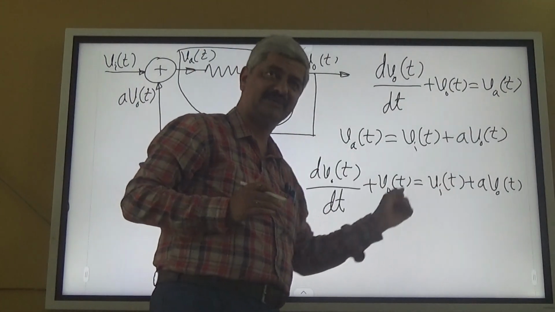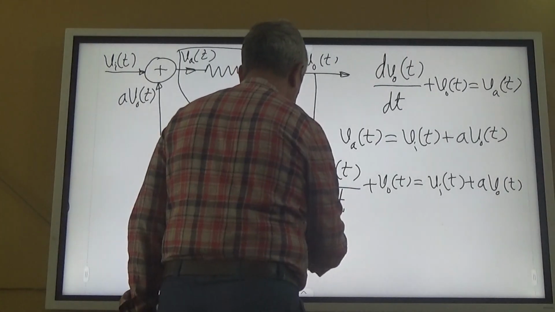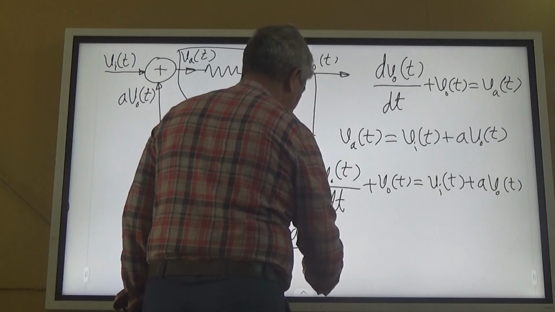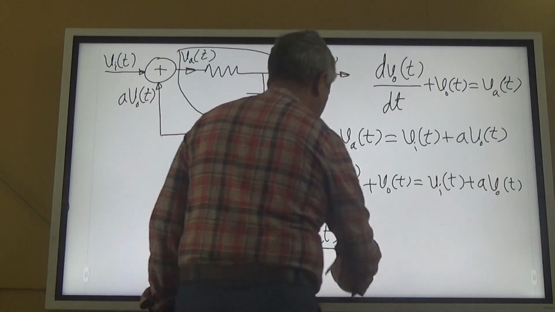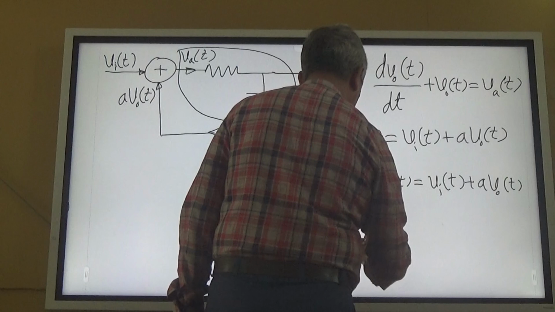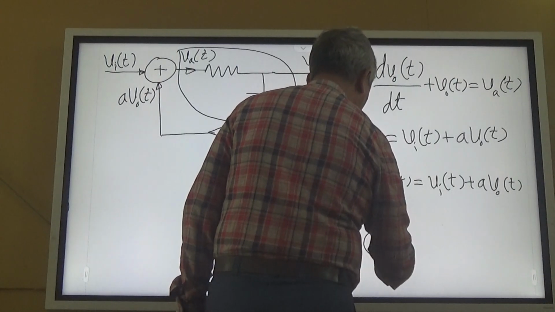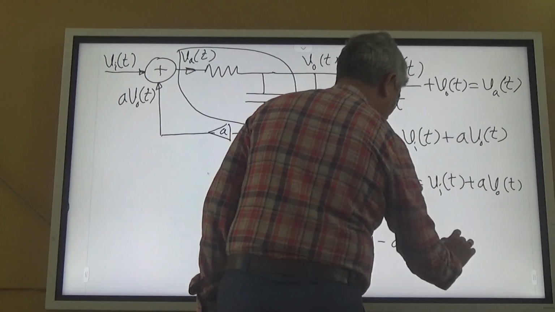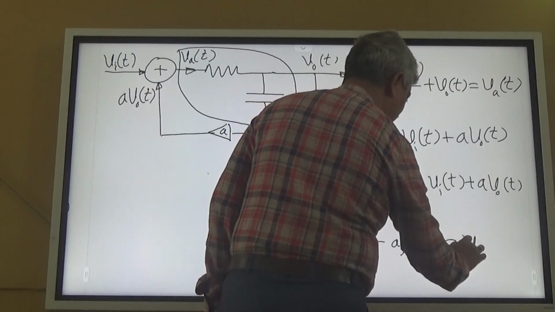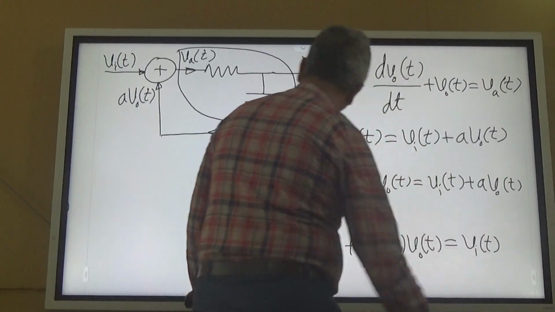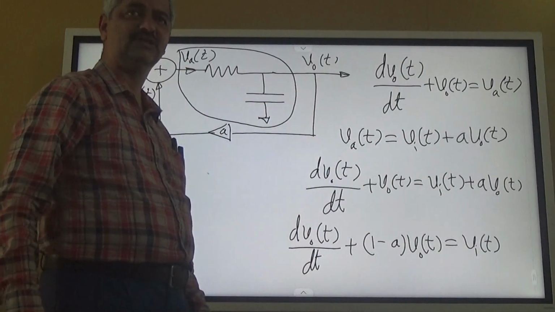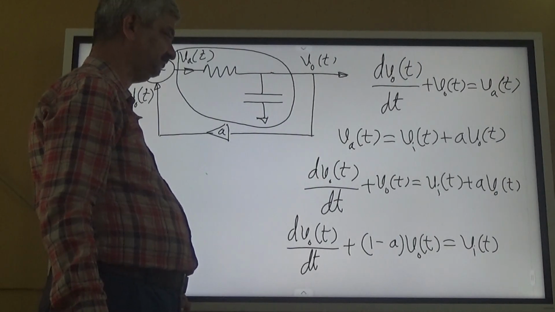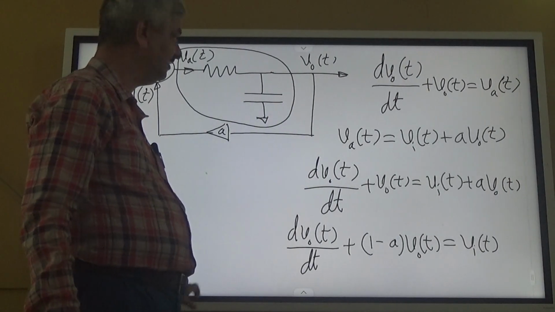So this comes on the left hand side. So we get dVout/dt plus (1 minus A) Vout is equal to Vin. If this A is 0, what does it mean? No feedback.